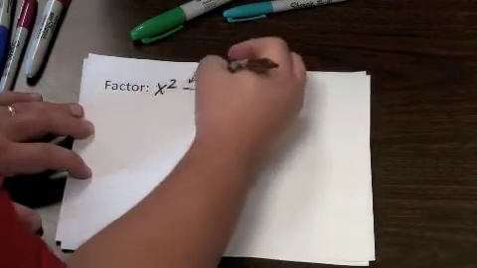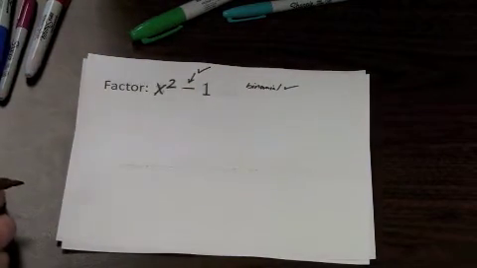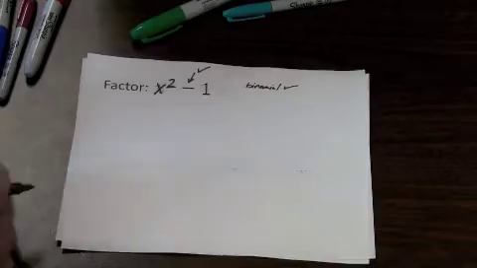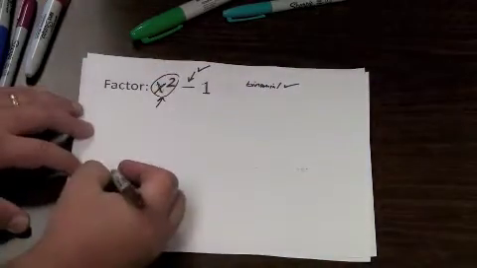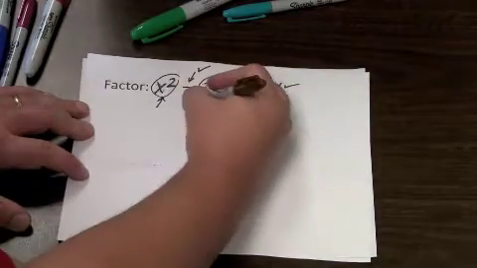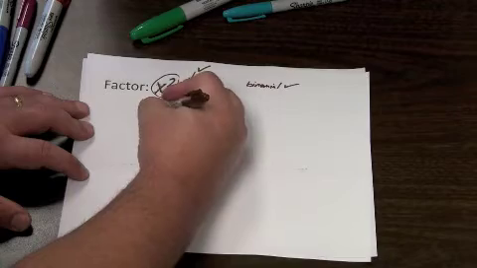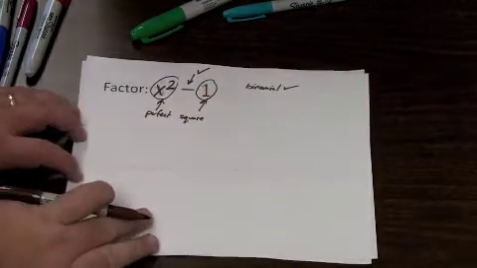Here is the difference, so that's also a check. The third item says the first term must be a perfect square. X squared is a perfect square. The last thing says the last term must also be a perfect square. And 1 is a perfect square. So we do have a difference of squares here.